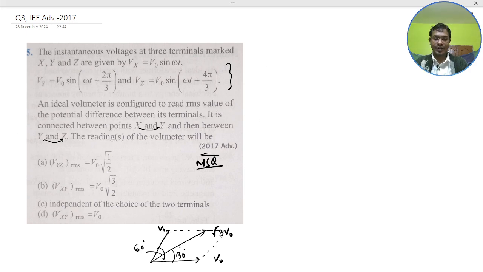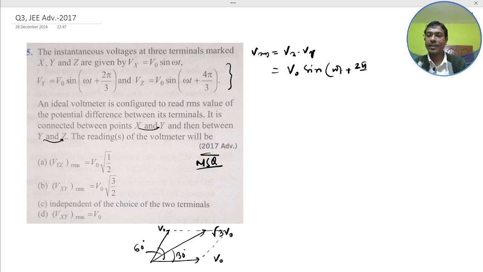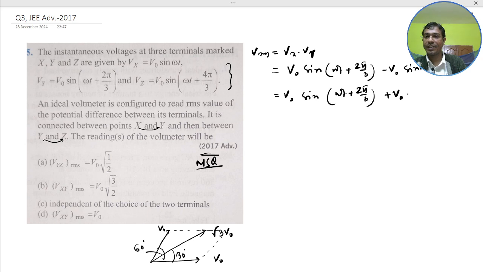So by this figure, the potential difference Vx minus Vy: put this value, V naught sine omega t plus 2 pi by 3, minus V naught sine omega t, V naught sine omega t plus 2 pi by 3, plus just the phase change here.